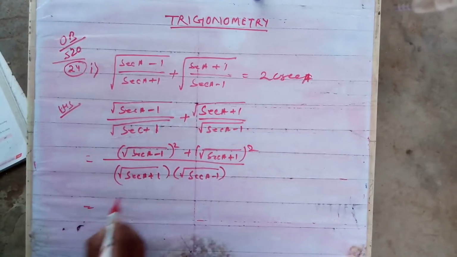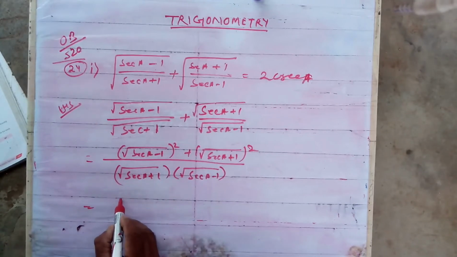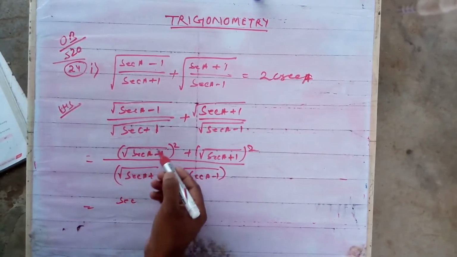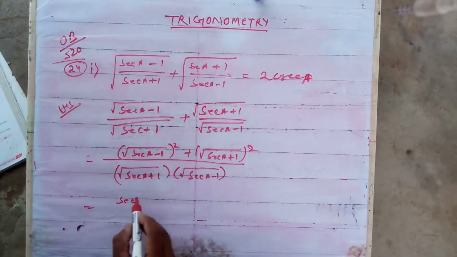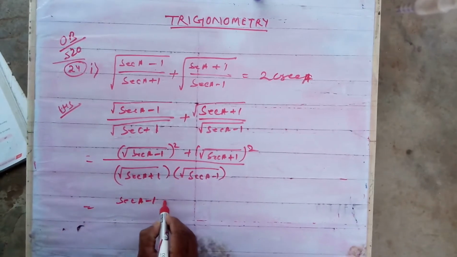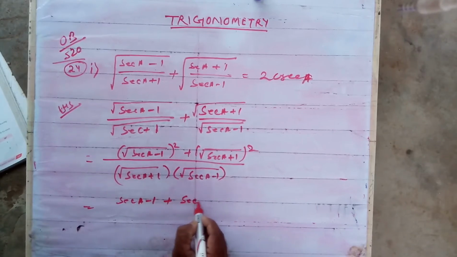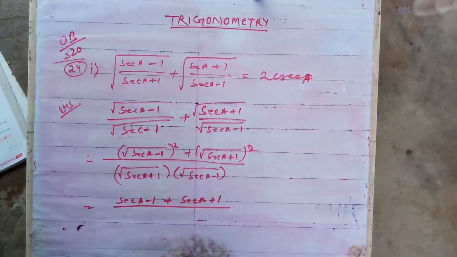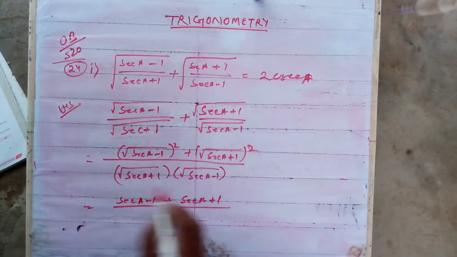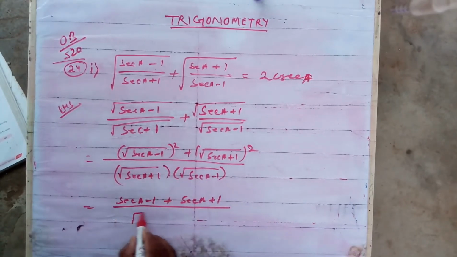Here what will happen? Talk about the numerator. Sec a square root is there. It's a square, so the square root will be omitted. Sec a minus 1 plus sec a plus 1. Am I correct? Now in the denominator, what do you do? Take the root common.